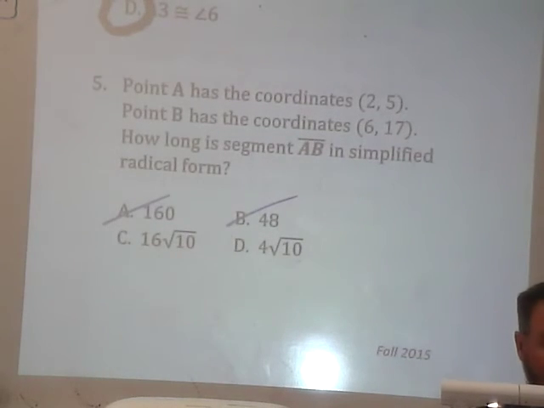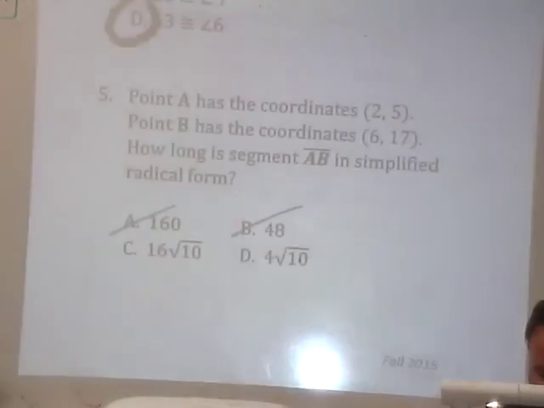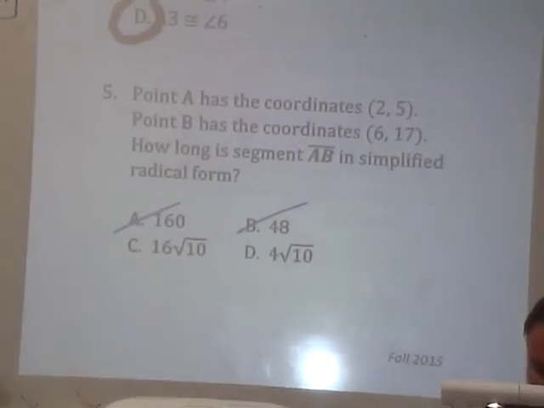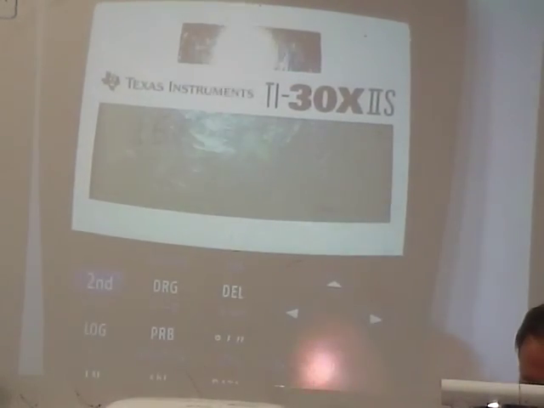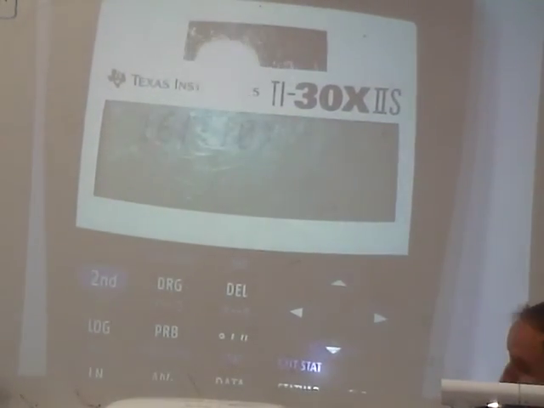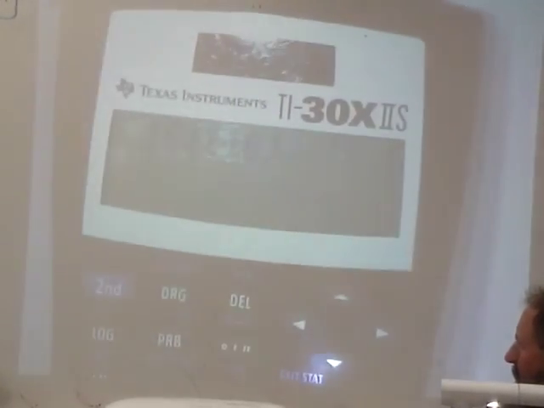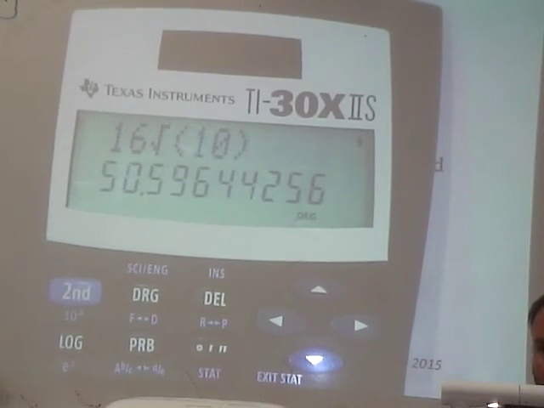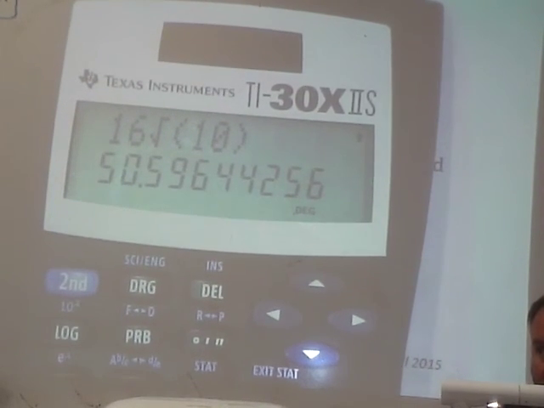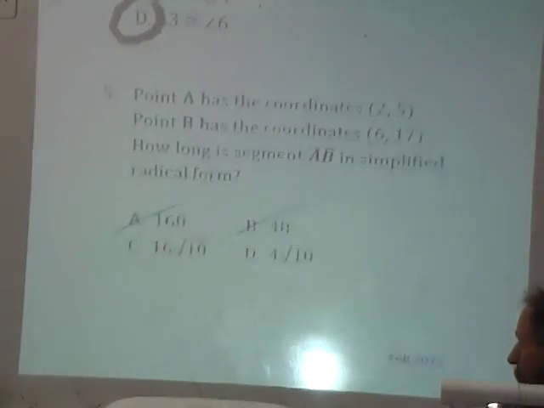Why don't we do this? What was it? 16 times the square root of 10? 16 square root of 10. There it is. So C is 50.5. That's not what we want.